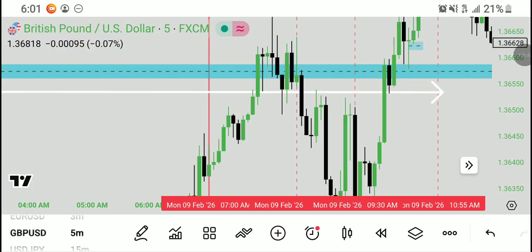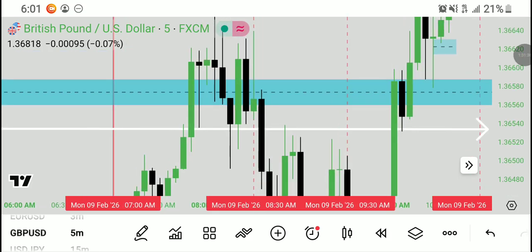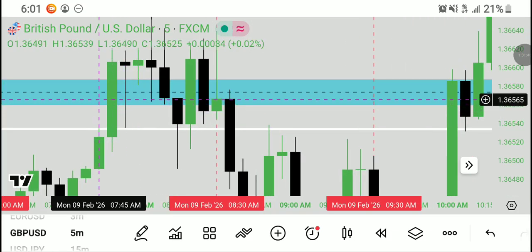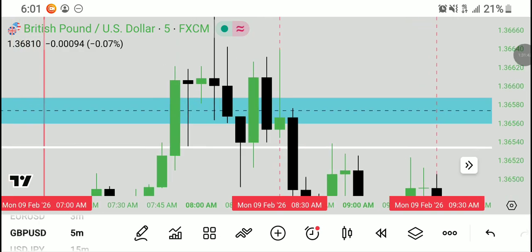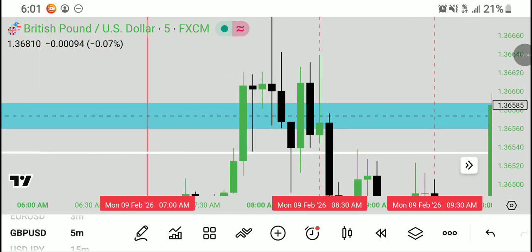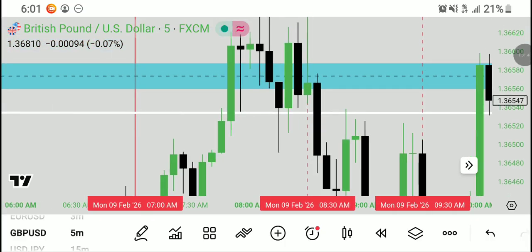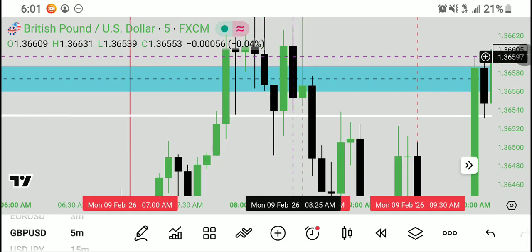Because the market has already gone to the buy stops. I'm studying, wanting it to come down, and the market hit where I'm looking for a setup.